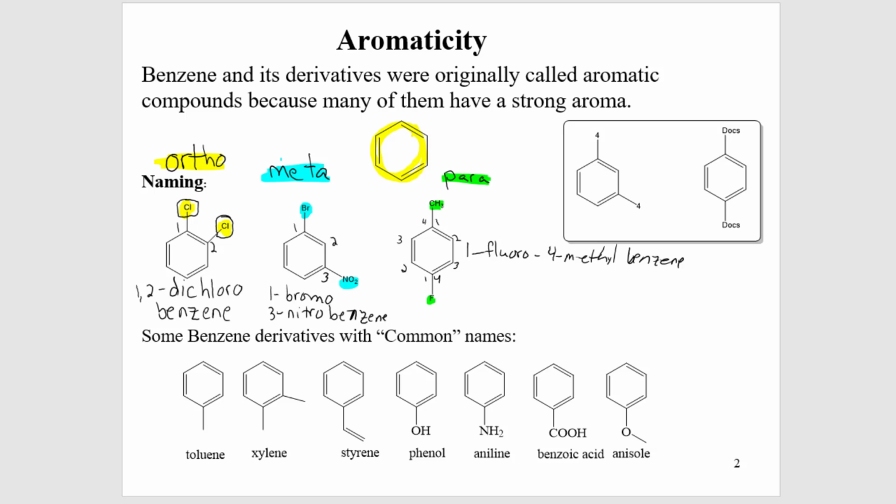But if you'll notice, having a methyl group on your benzene ring, this has an actual common name called toluene. So 4-methylbenzene can be shortened to toluene, and you can say parafluorotoluene.